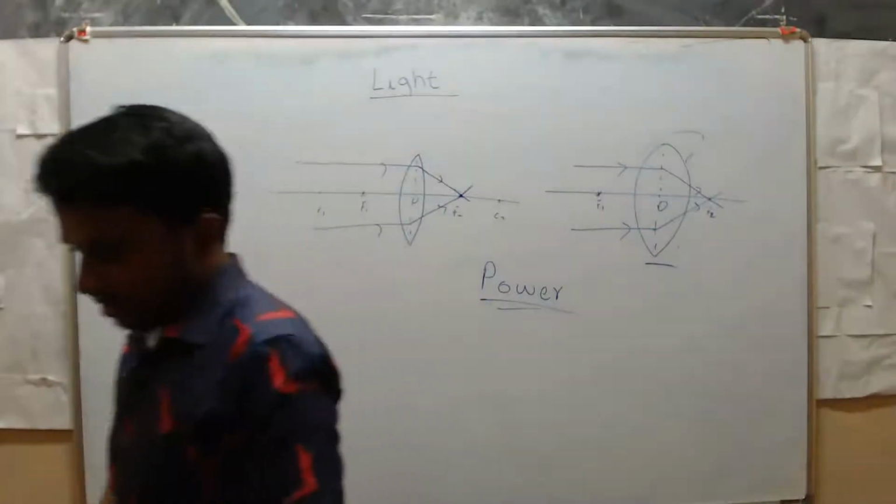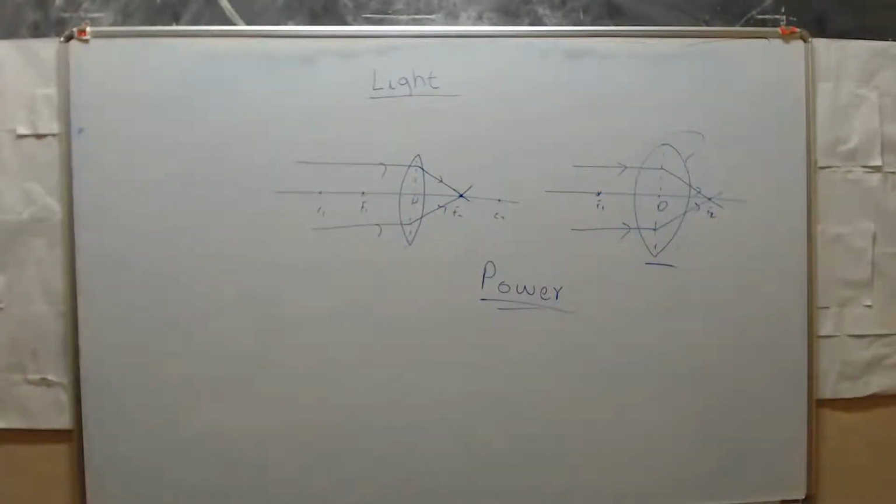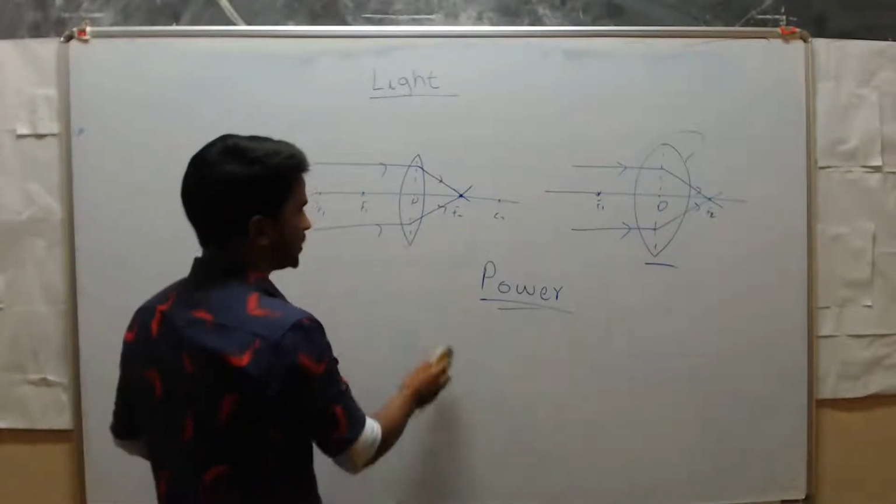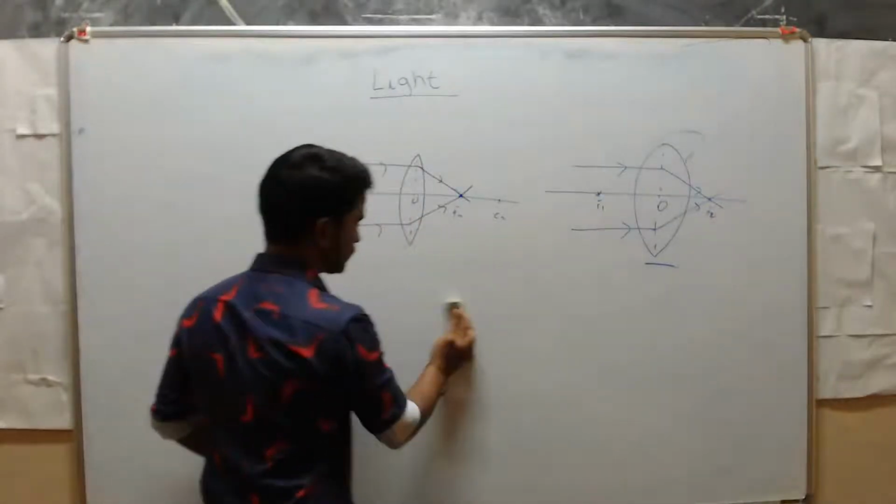Power means the ability of a lens to converge or diverge light rays, which depends on its focal length. Or we can say that the degree of convergence or divergence of light rays achieved by a lens is expressed in terms of its power.